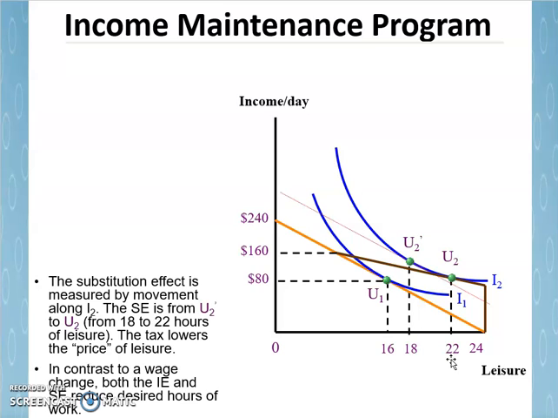This is an important element of income maintenance programs. It is an unfortunate element because what it tells us is that these programs are incentivizing people to take more leisure from an income effect and take more leisure from a substitution effect. You're giving people a benefit, an income, and that's causing them to work less.